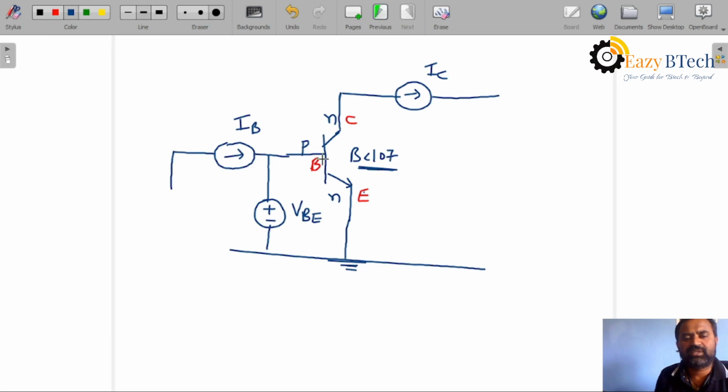To operate this emitter base junction in forward bias, we give a positive voltage.